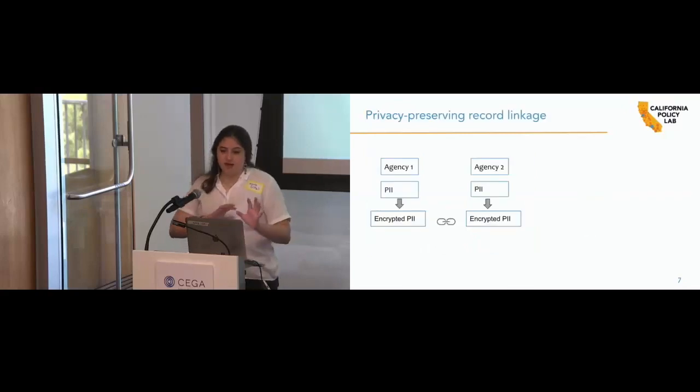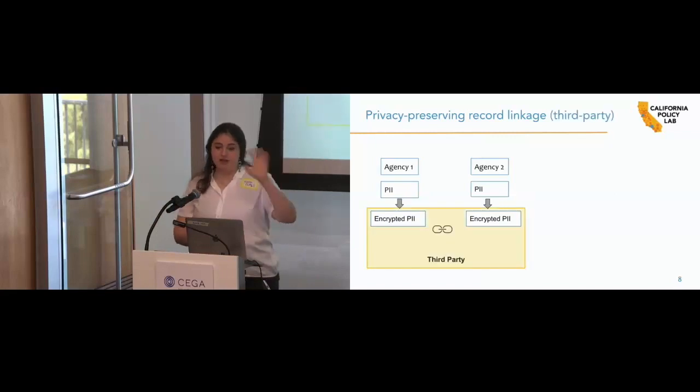So let's imagine we overcame that phase in which they cannot link the data, and two agencies are actually able to do so. You have two agencies, they have their PII, they encrypt their data, and then they're able to do this linkage. In the context of what we're going to be speaking about today, it requires the partners, the agencies conducting this linkage, to do so via a third party.